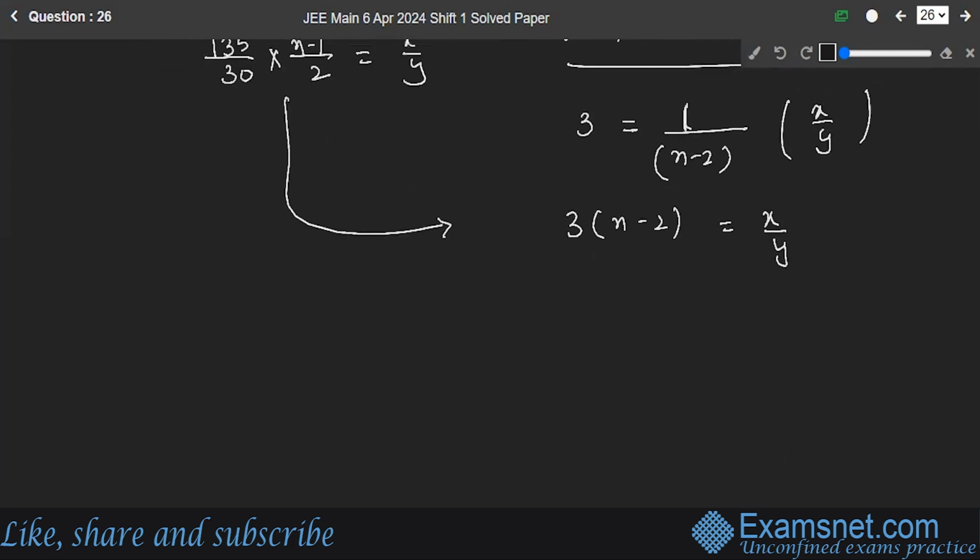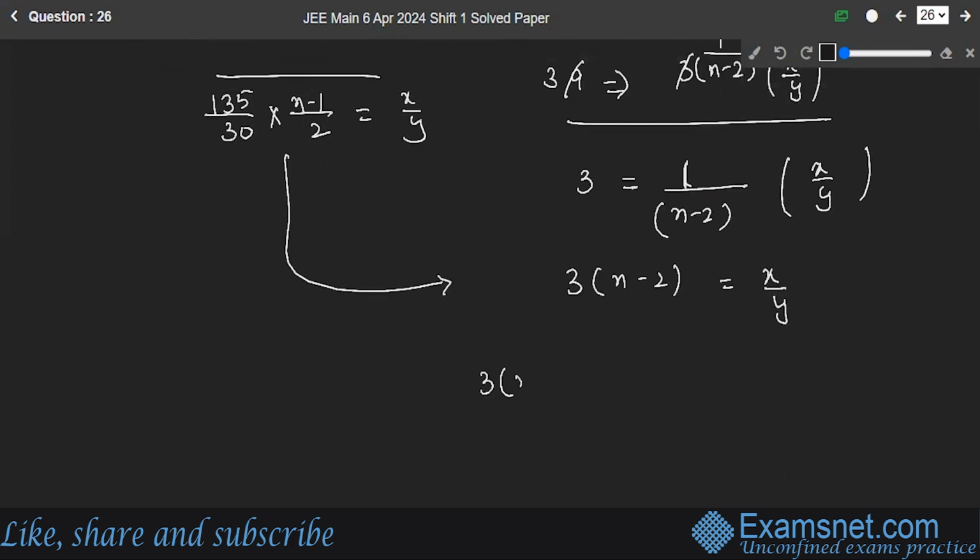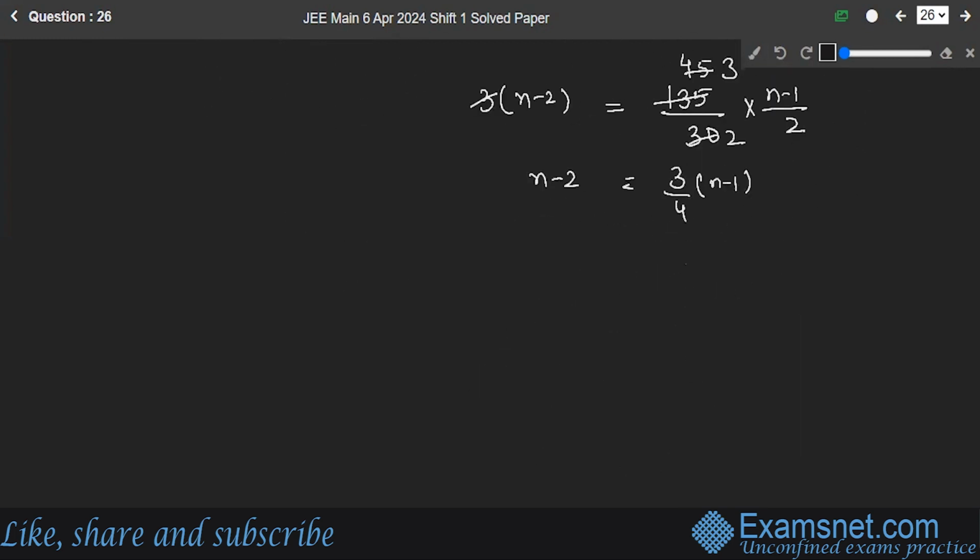So you will have 3(n-2) is equal to 135 upon 30 into (n-1) upon 2, right? Cutting like 45, this is 3 and this is 2. So you have n-2 is equal to 3/4 of (n-1), which will be 4n-8 is equal to 3n-3, or n is equal to 5. This is the value of n that you get. n is equal to 5.